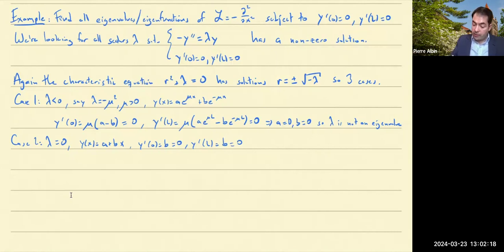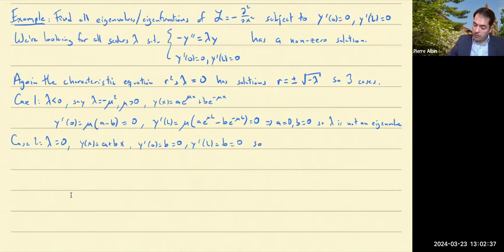So we can satisfy the 2 boundary conditions by just getting b equal to 0, which means that there is a non-zero solution to our equation, just a, where a is any non-zero constant, right?